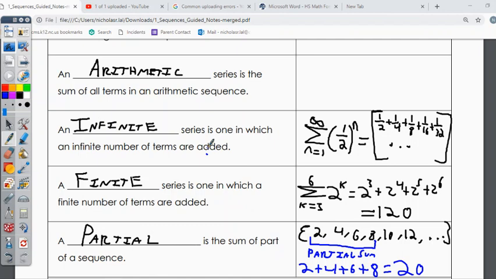Olivia, you can do it yourself. You give it back to Olivia. All right. So, am I good to clear? Yes? All right, I'm going to clear.